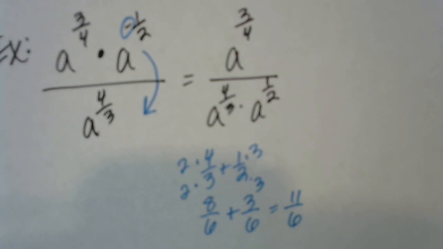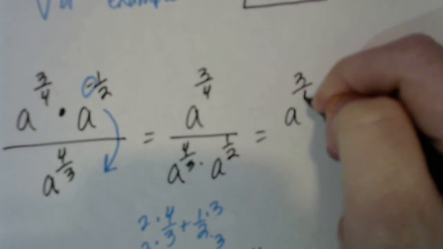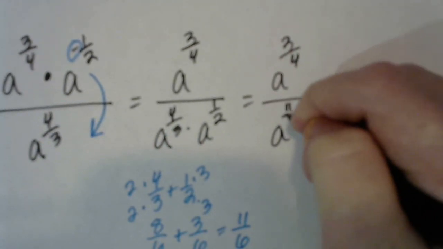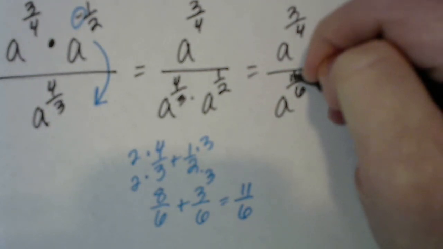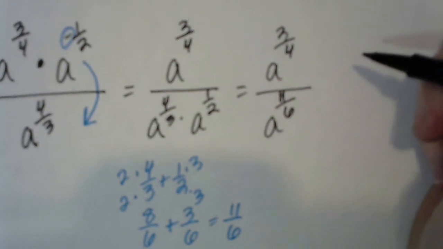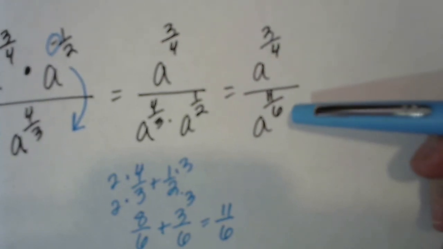So now I have a to the 3/4 on top and a to the 11/6 on bottom, right? So this is one problem that makes you have to subtract fractions.